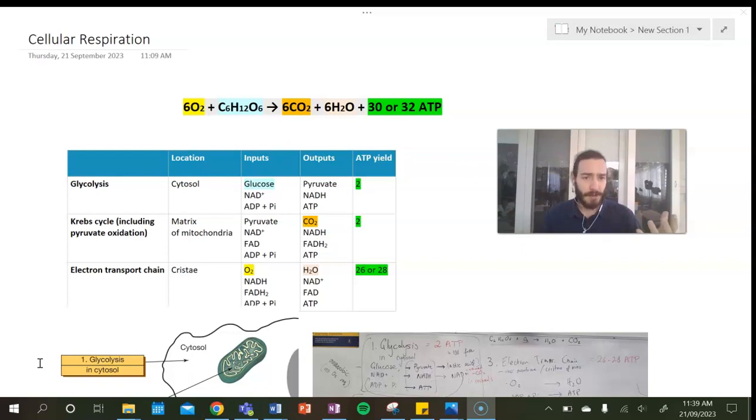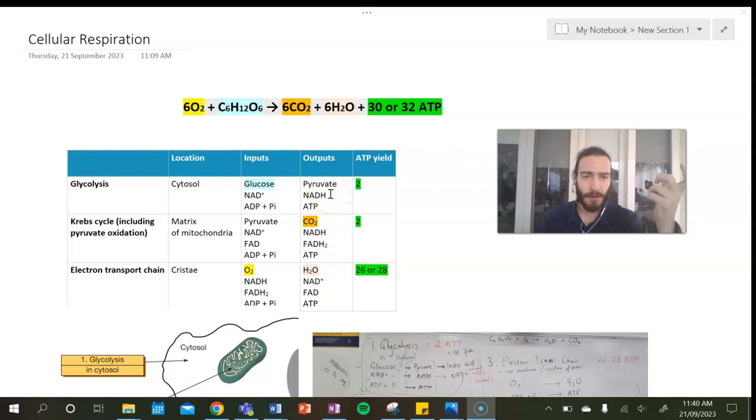But what are the drawbacks? Obviously, we can't do this non-stop because we're going to build up lots of byproducts, okay? And that's where we're going to talk about fermentation. So fermentation is essentially where we've got this glycolysis happening, but then with the NADH, we want to recycle that.